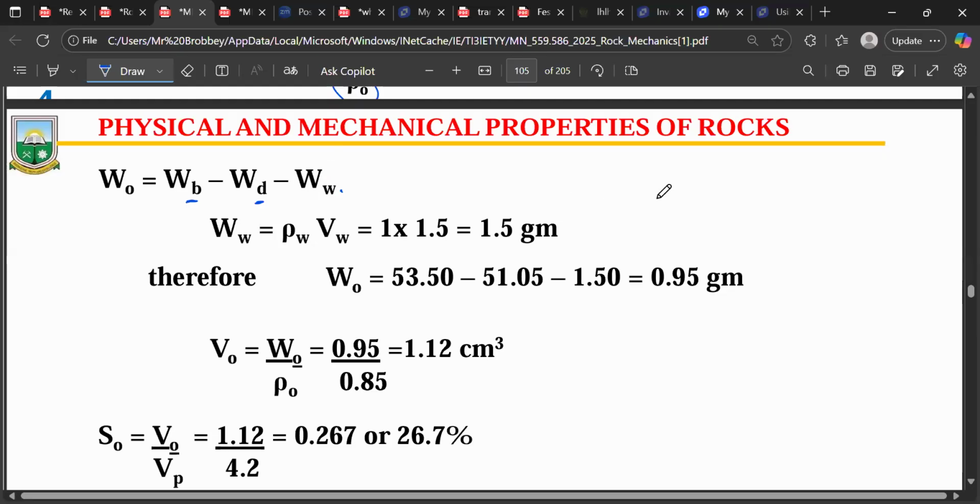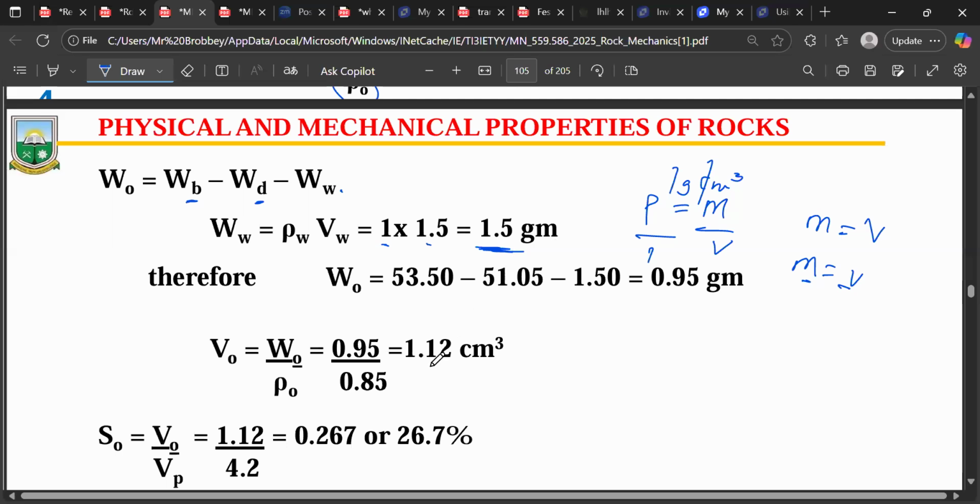But we know that density is equal to mass over volume, and the density of water is 1 gram per cubic centimeter, which means that the mass of water is equal to the volume of water. Because when we cross multiply, M is equal to V. So now 1 times 1.5 gives us 1.5 grams.